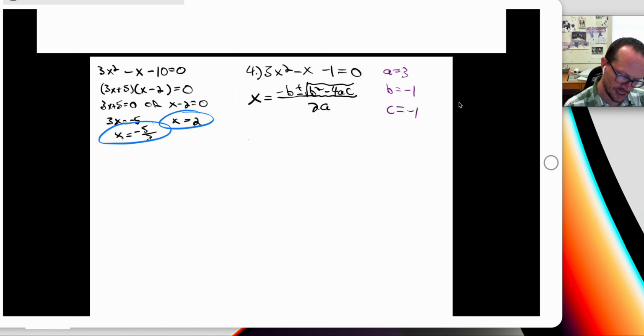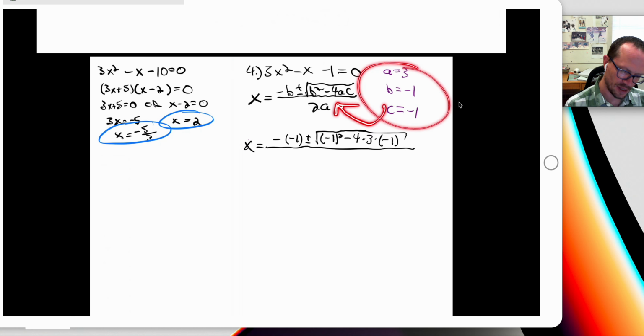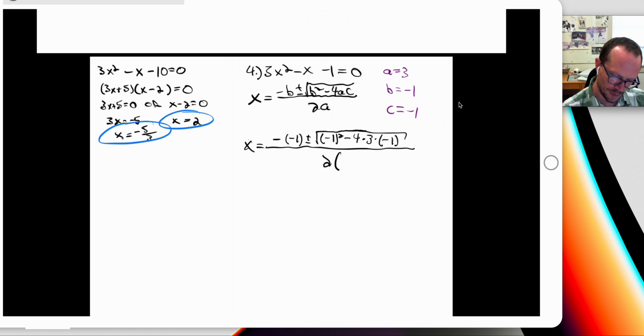And I can plug in: x equals negative, negative 1 plus or minus the square root of negative 1 squared minus 4 times 3 times negative 1, just plugging these values into this, over 2 times 3.